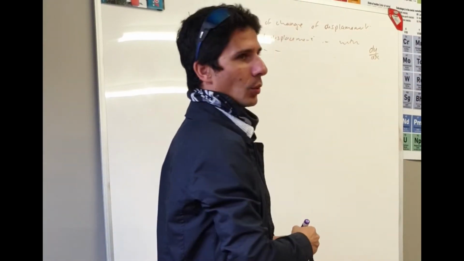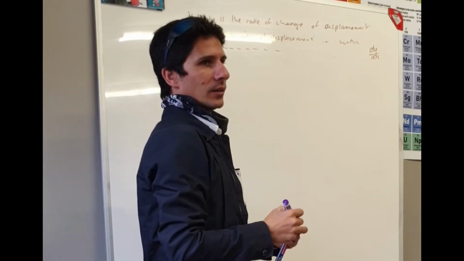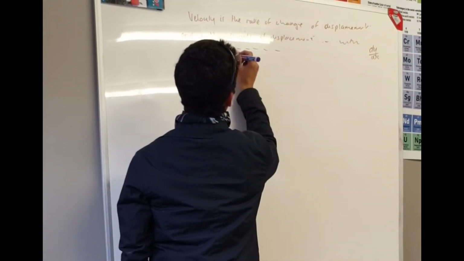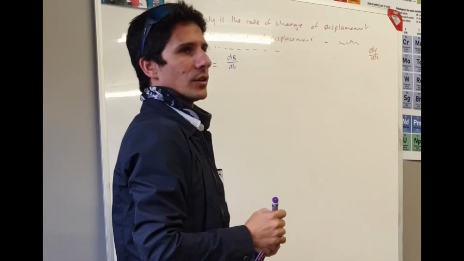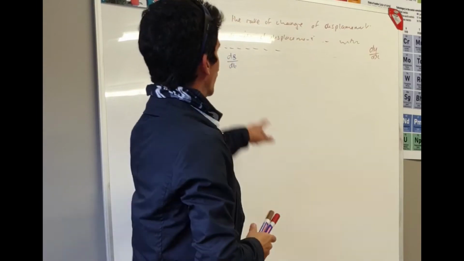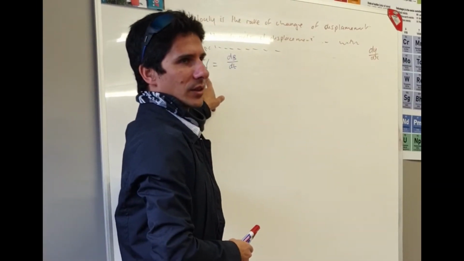So what that tells us is that velocity is ds over dt. The derivative of displacement with respect to time is velocity.